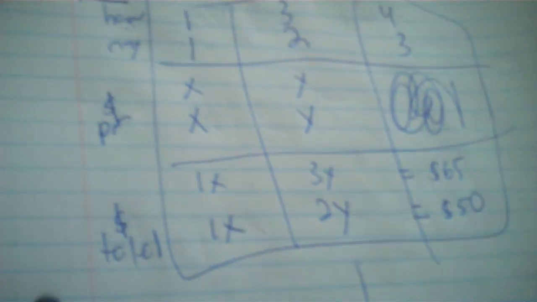Now you don't have any other numbers, you put them all on the table. 65 and 50, we did the 1, 3, 1, and 2. So all I can put here is x's and y's. So it's going to be 1x, 1x, and 3y, and 2y. Okay, so here's my 2 equations. We have 1x plus 3y equals 65, then 1x plus 2y equals 50.